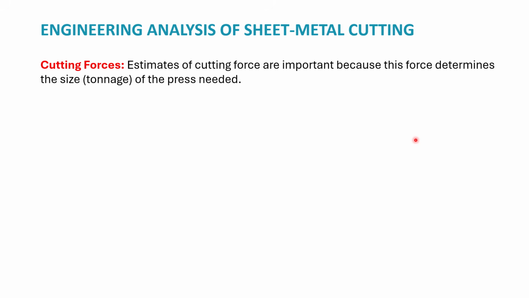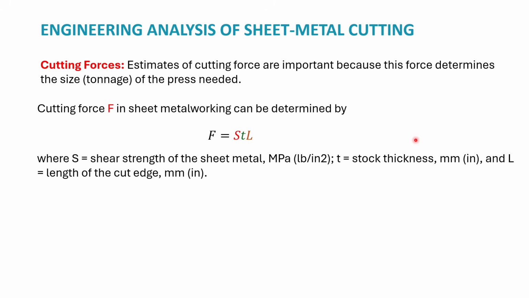The other factor is the cutting forces. The estimate of the cutting force is important because this force determines the size of the press needed for the operation. The cutting force in sheet metal working can be determined by the equation: force equals S multiplied by T multiplied by L, where S is the shear strength of the sheet metal.